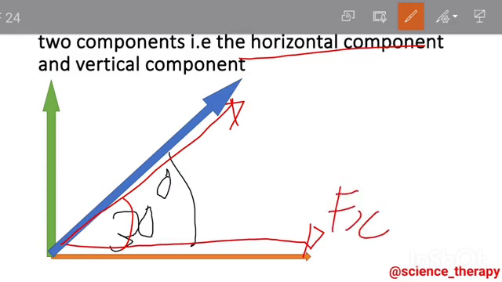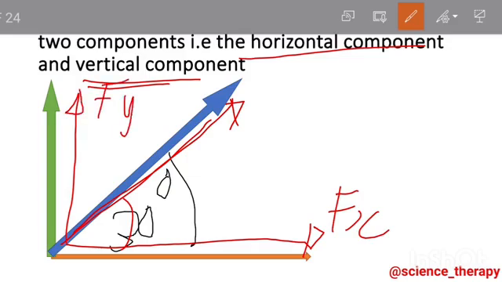So that's fx. Now let's check for the vertical component. You ask yourself, where is this force moving? Is it moving up or down? So it's obviously moving up, and in that way you have your vertical component fy. So that's how you go about it. Now let's move along.